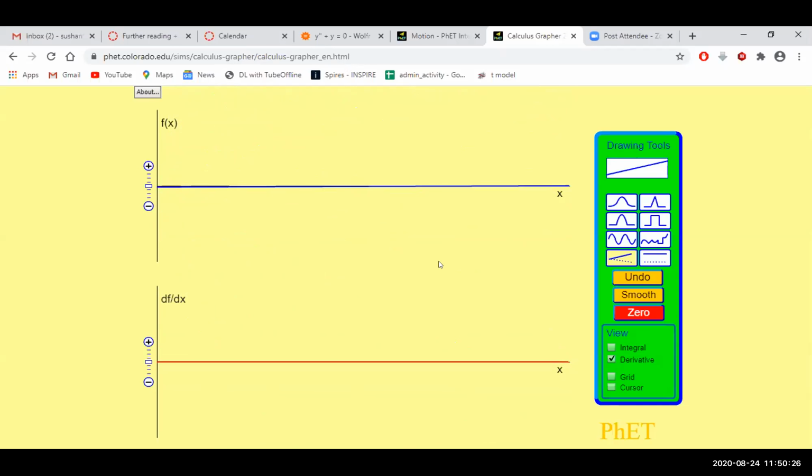You can take other complicated functions as well. What is happening here? So initially the function is not changing at all. So the derivative is 0. Then the function starts to increase. So the derivative goes up.